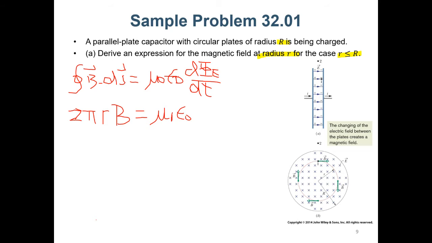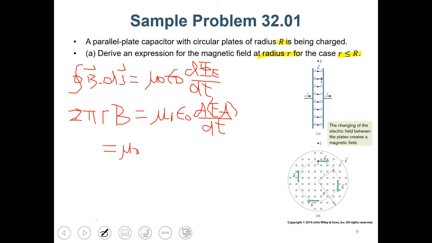This is nothing but E times A. So we substitute E times A here. A should be a constant, A doesn't change, so we can just factor A out.